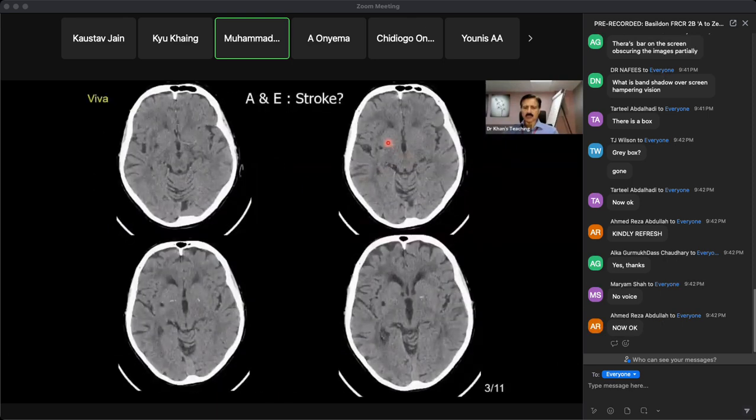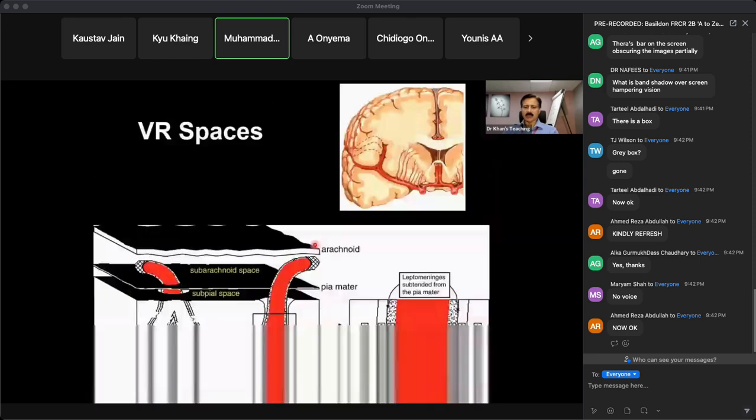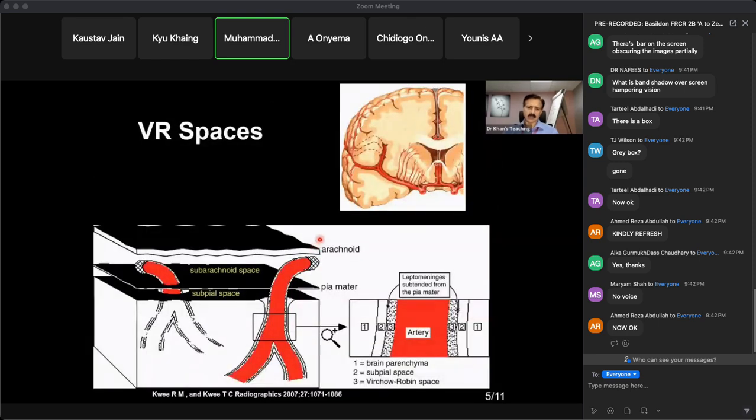So this was the CT scan. This was not a lacunar infarct. This is a Virchow-Robin space. And the learning point is what are these spaces, and what is the significance, particularly vis-a-vis our exam.